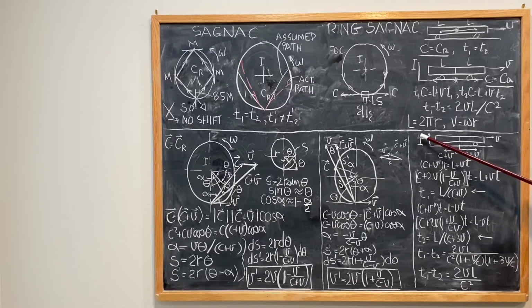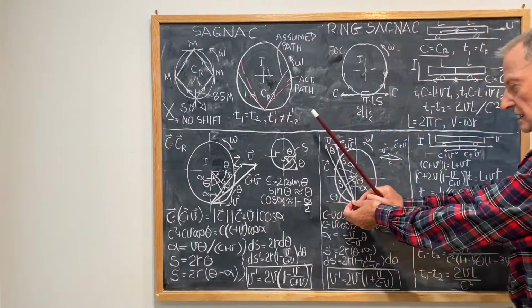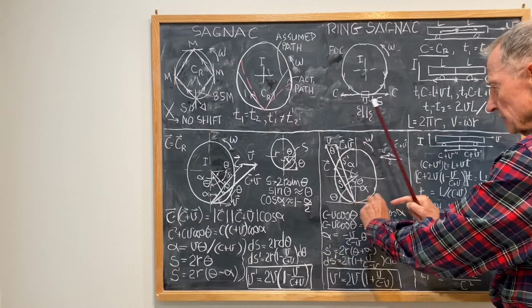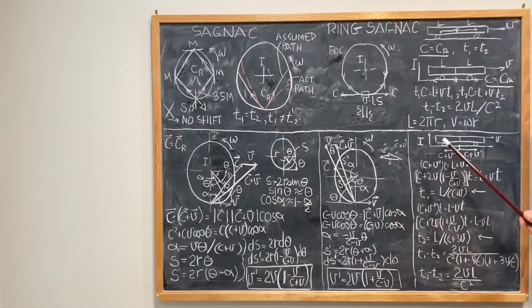So again, I'm showing the train, which basically represents this ring unwound. I take this and unwind it that way, this one unwinds that way. So there's the train, and here's the inertial reference frame that the ring is rotating with respect to.